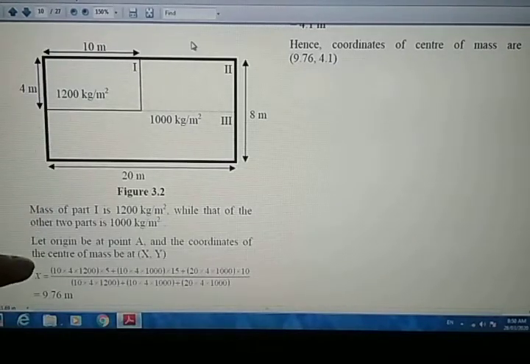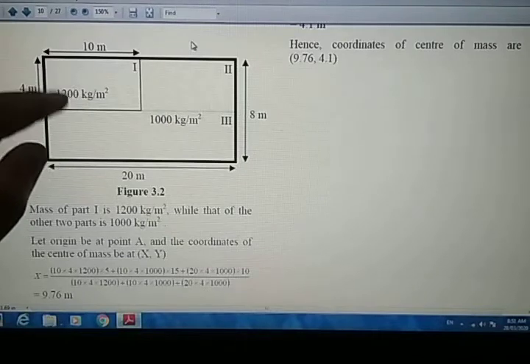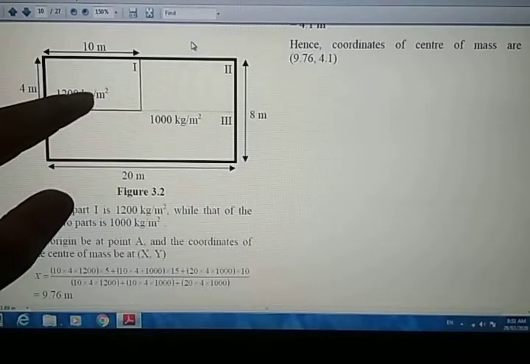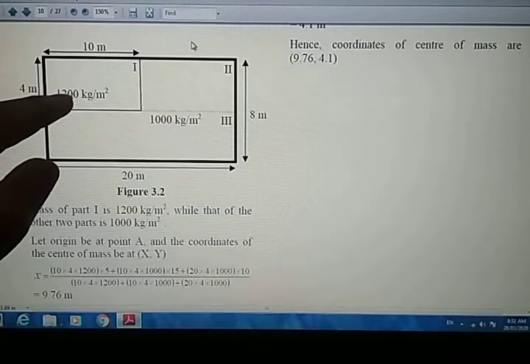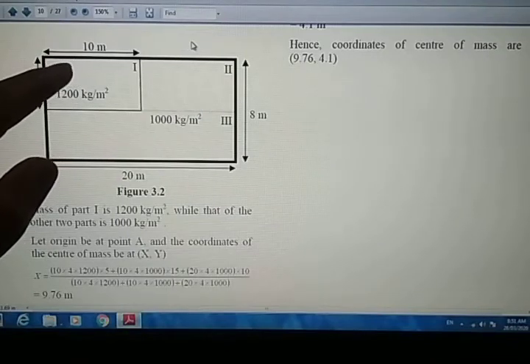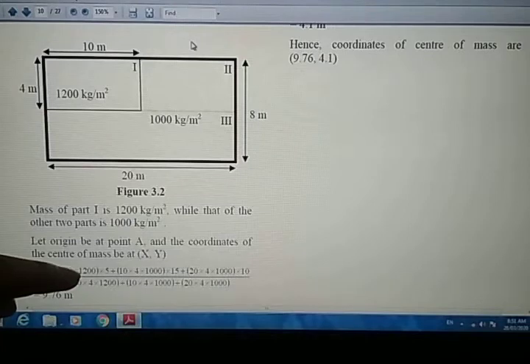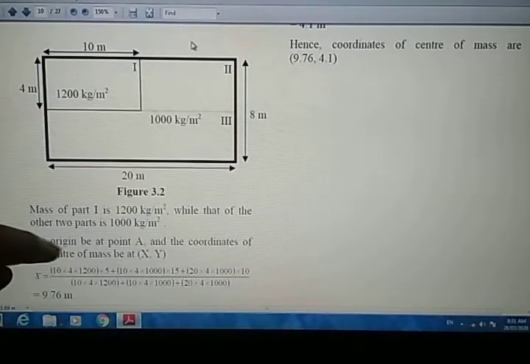How can we calculate? 10 into 4 into 1200 is the mass of this rectangular section; it is given in kilogram per meter square, so we multiply the mass per unit area by the area of this section, that is 10 cross 4. So 10 into 4 into 1200 is converted into mass, multiplied by 5.